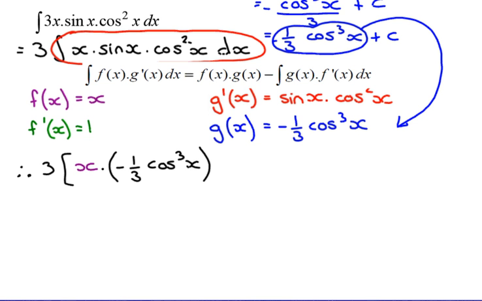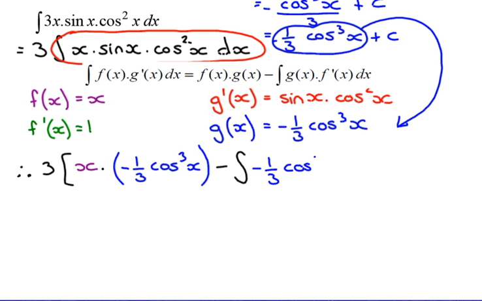Next part of my formula is, oh, and let's actually stick to our colors. I forgot about my colors for a moment there. So let me quickly rewrite that in blue: negative a third cos cubed x, minus the integral of g of x, which is negative a third cos cubed x, multiplied by the derivative of f, which is 1, with respect to x.